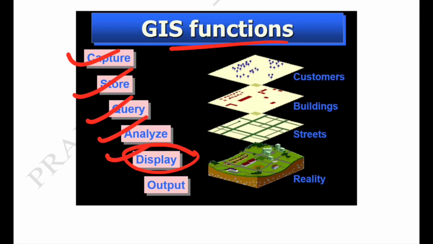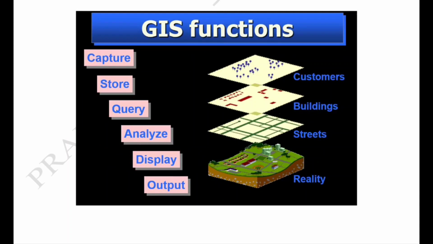So it can display the data and output. And what are the components of output? We have already, like printer, and for digitizing storage like magnetic tape. So these are the outputs, and these are the functions of GIS, that is, what can be done with the data.